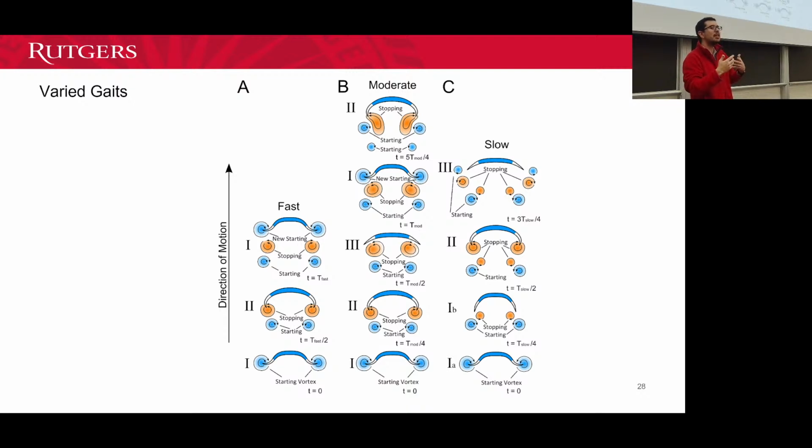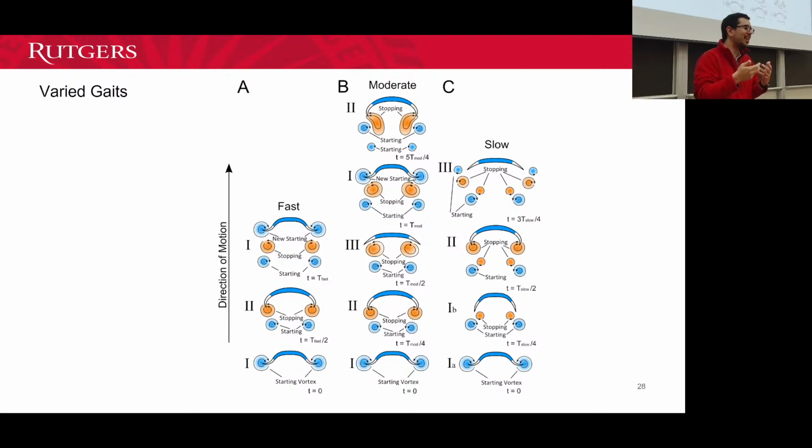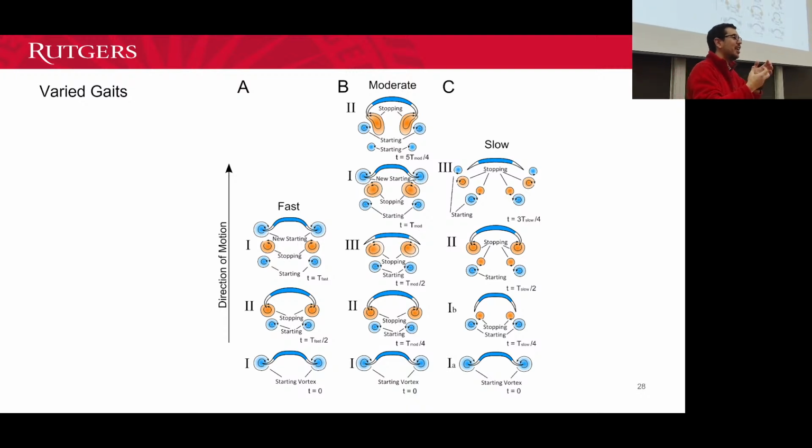Maybe we could again try to beat the jellyfish at its game. If we have a robotic jellyfish that we can control the way it flaps, maybe there's some flapping gait that the jellyfish hasn't yet figured out through evolution that could be more efficient than what it's doing right now.